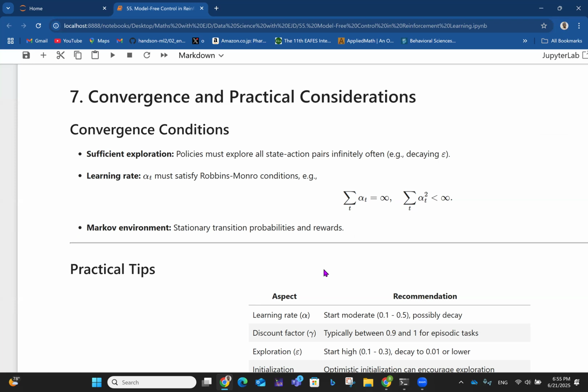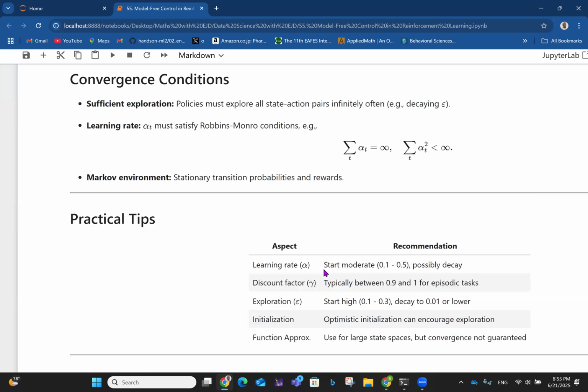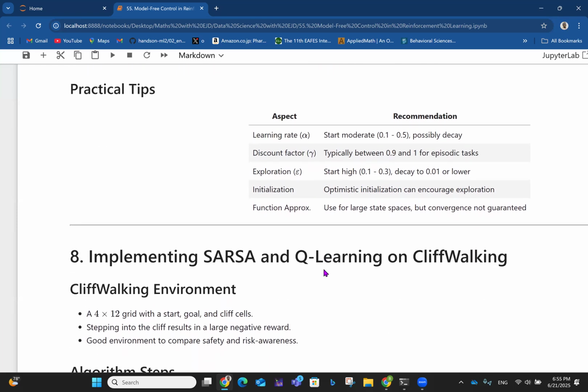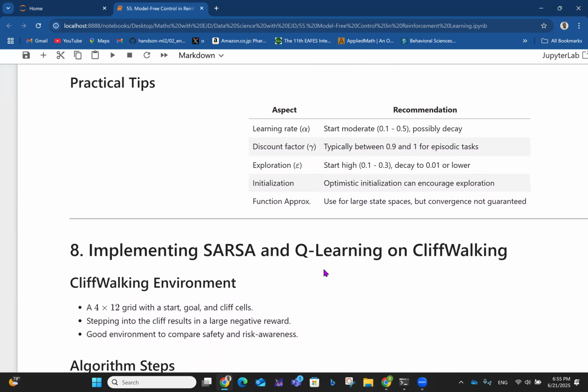Then we have a Markov environment, so stationary transition probabilities and rewards. So those are some convergence conditions. When you have explored enough, when the learning rate satisfies a particular condition, and when you follow the Markov environment with stationary transition probabilities and rewards, then we have practical tips.